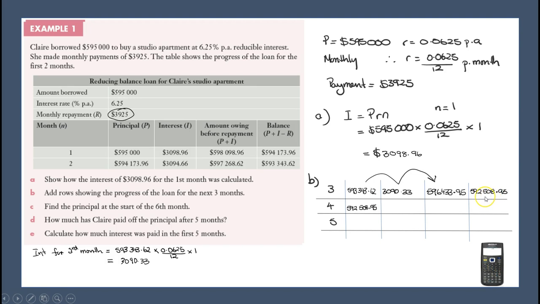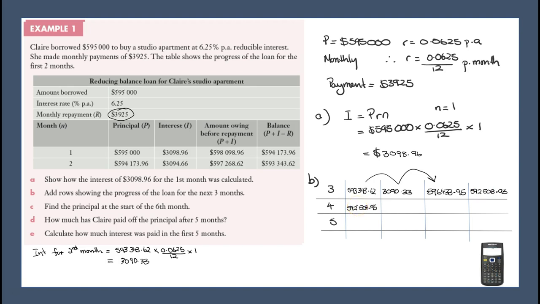Is that a reasonable number to get there? Yes. How do I know that? What do I need to check it against? Check it against what was owing at the beginning of the third month, $593,000. Now we're down to 592.